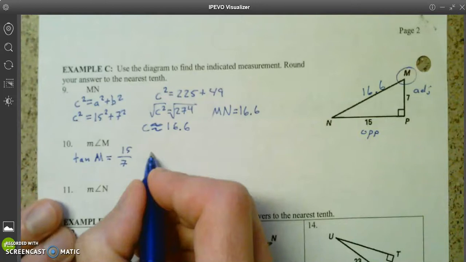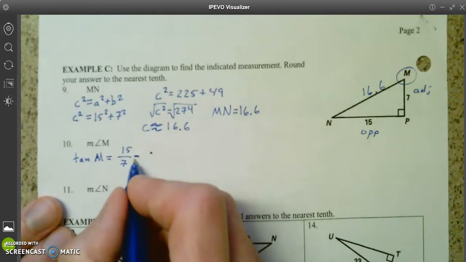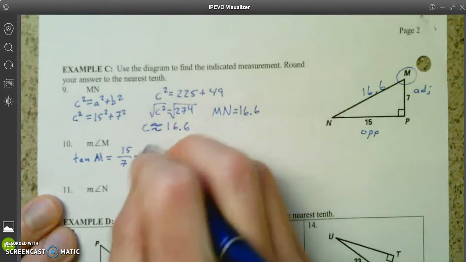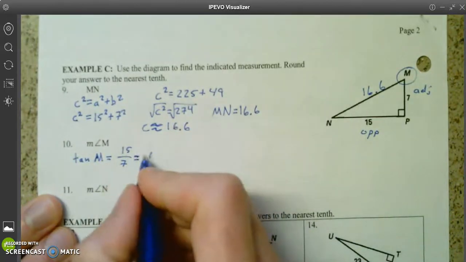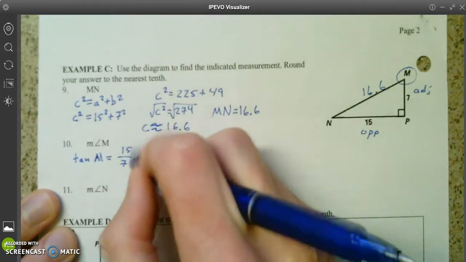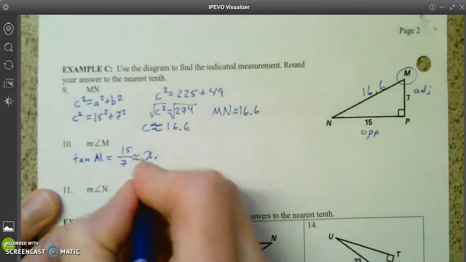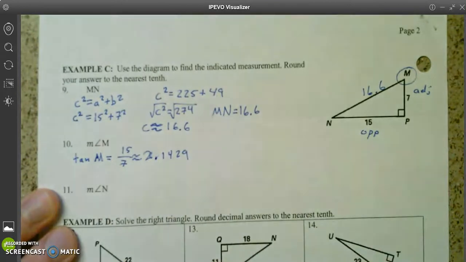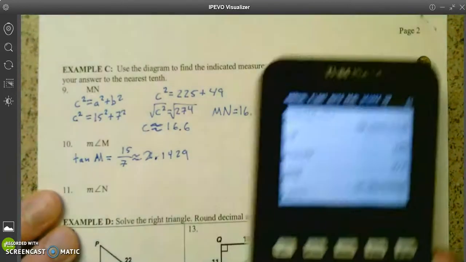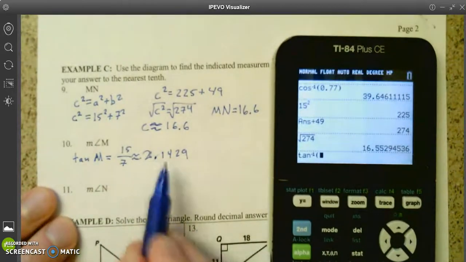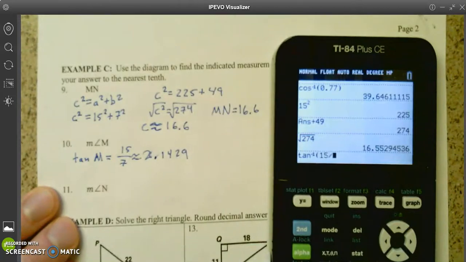That'll give me about 2.1429. So if I do the inverse tangent, I can do either of these because by rounding to 4 decimal places, it ensures that we're good either way.